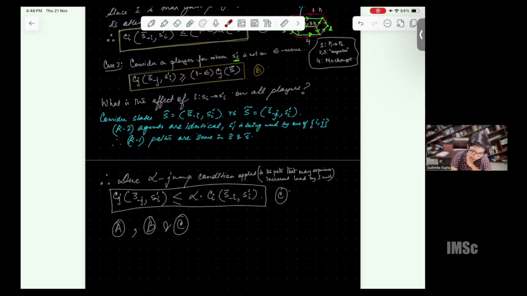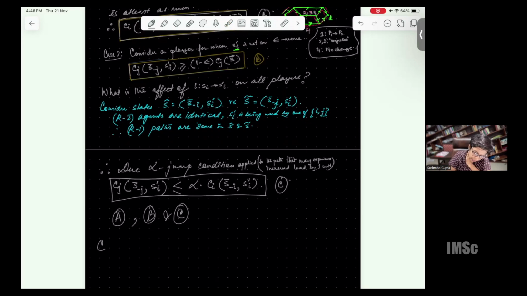Okay. So now what can we say? So using B, I know that Cj is greater than or equal to 1 minus epsilon. Okay, sorry, I have to be careful with the inequality.